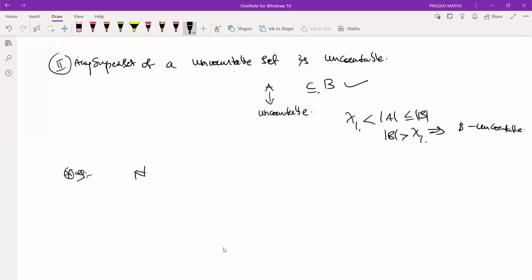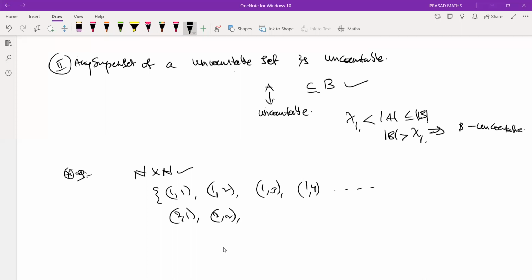We have seen that the natural numbers are countable. Suppose you take N cross N. Is it countable? Yes, a finite Cartesian product of countable sets is countable. That means we can label the elements. How can you label? 1 1, 1 2, 1 3, 1 4, then 2 1, 2 2, 2 3, then 3 1, 3 2, 3 3, and going on.